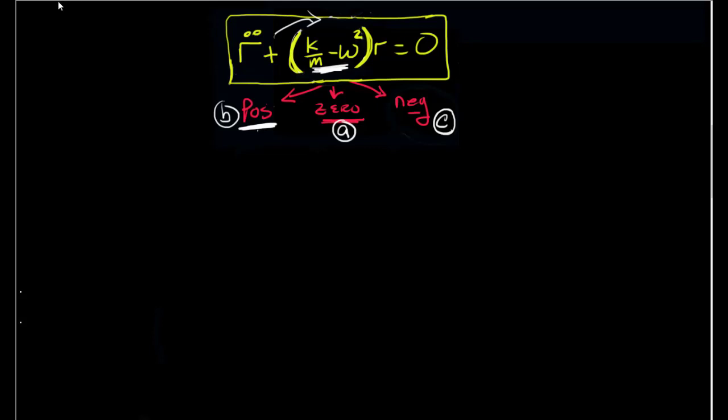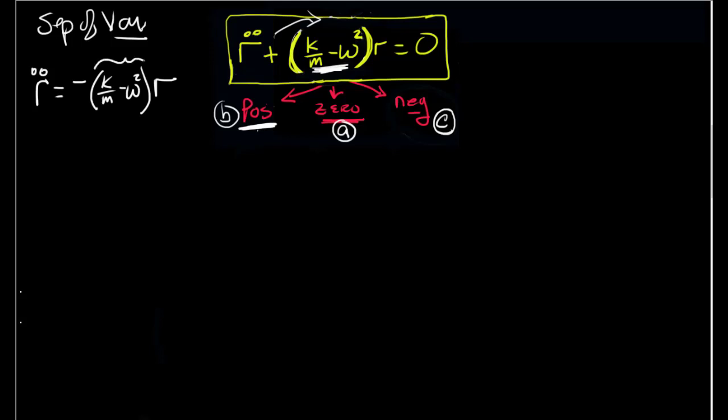Another way that we could have solved this, if we rearrange this, we could have done separation of variables on it, where we would have r double dot equal to minus k on m minus omega squared, times r. To save some writing, we can define this as n for now. So we'd have r double dot equal to negative n r.